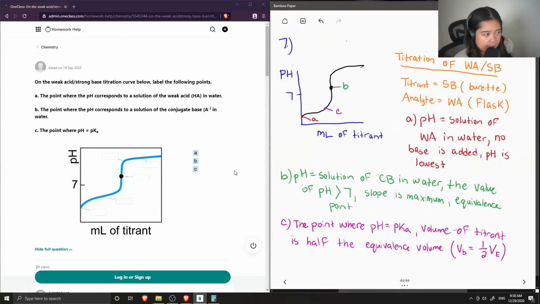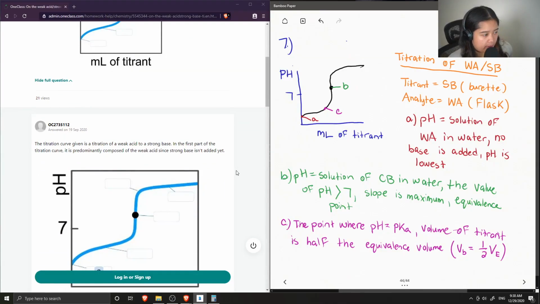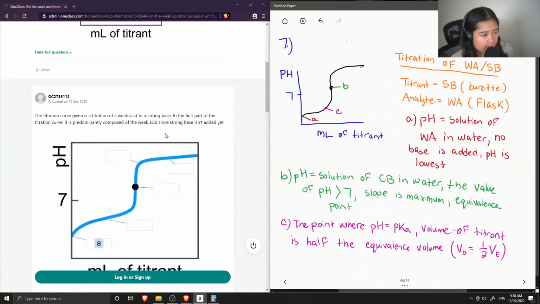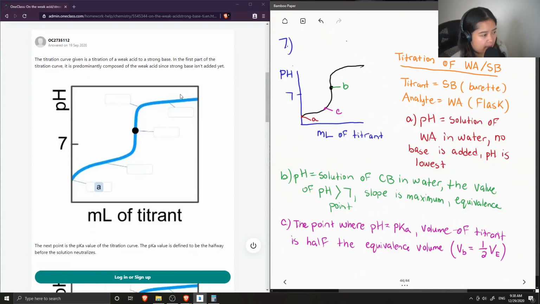Okay, so let's see what the junior tutor said. The titration curve is given. Titration curve given is a titration of a weak acid to a strong base. In the first part of the titration curve, it is predominantly composed of the weak acid since strong base isn't added yet.